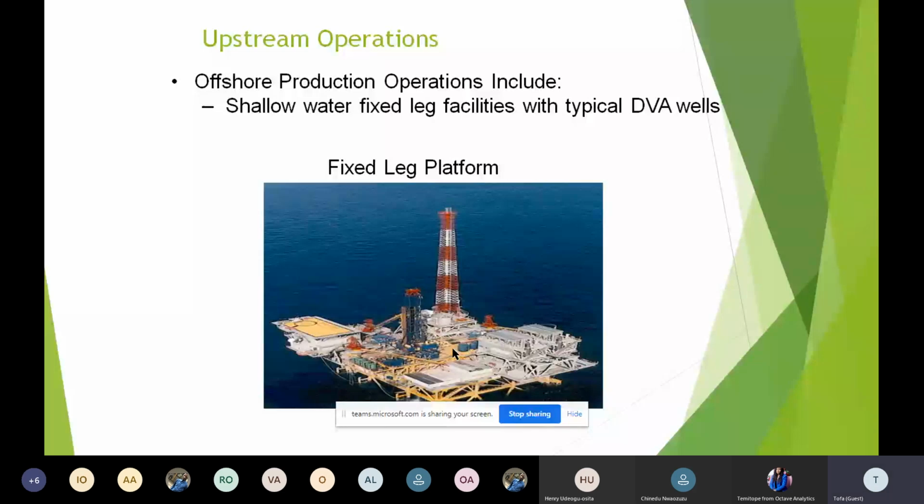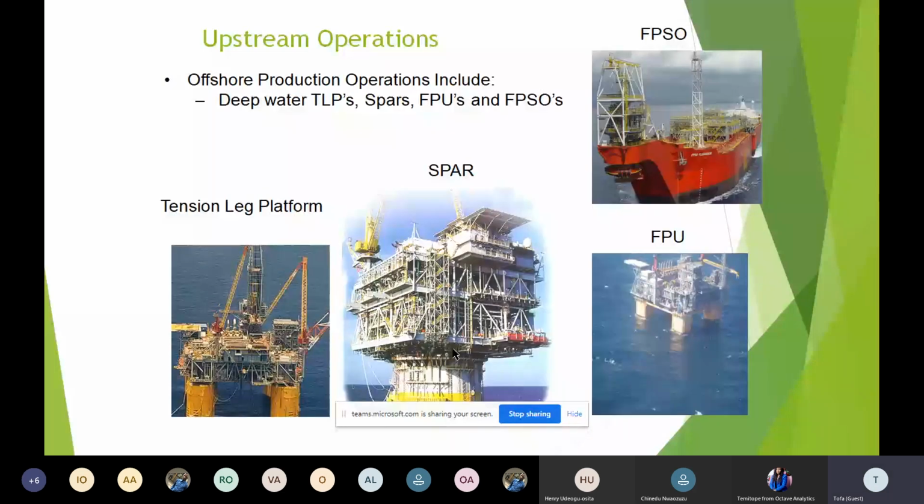So this is just to further tell us offshore we have deep water and shallow water. In the deep water, how the process happens is that they have a floating production facility.